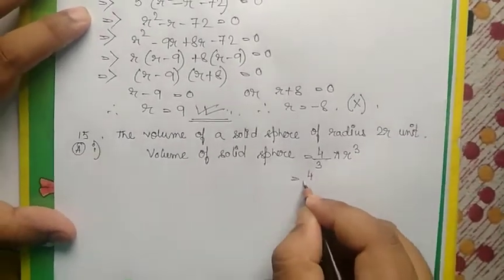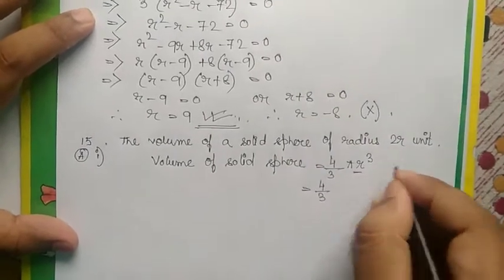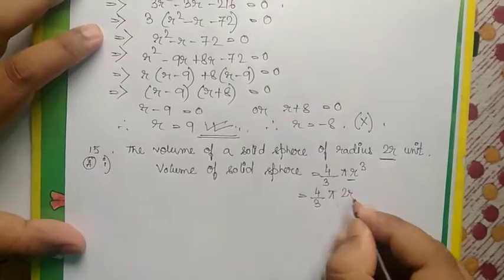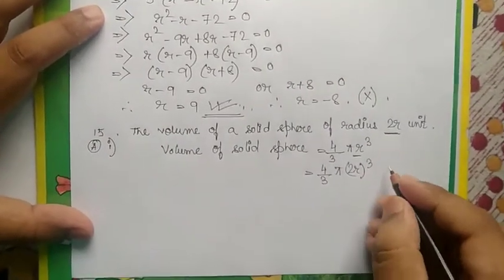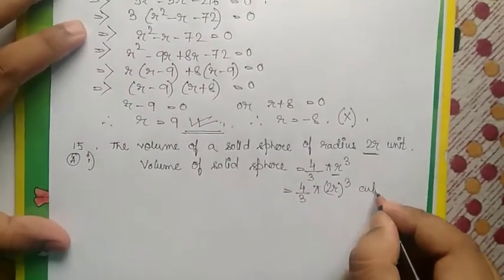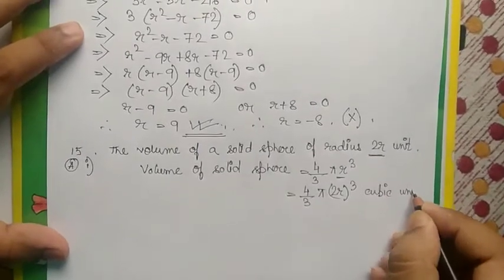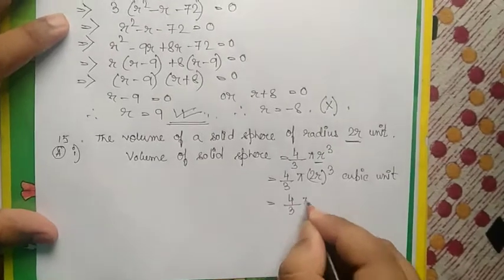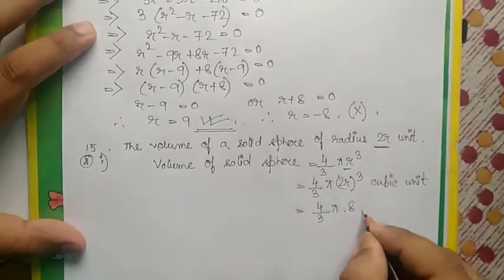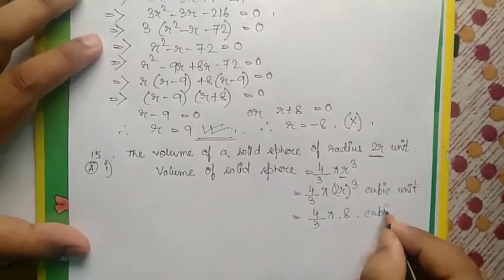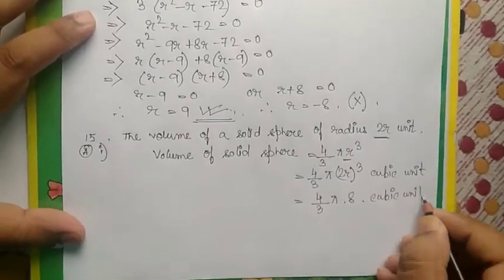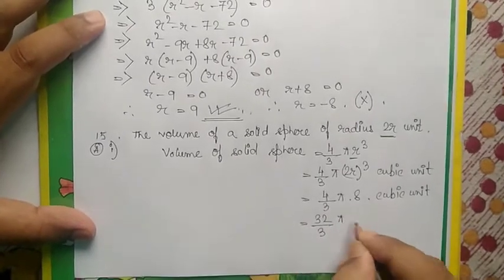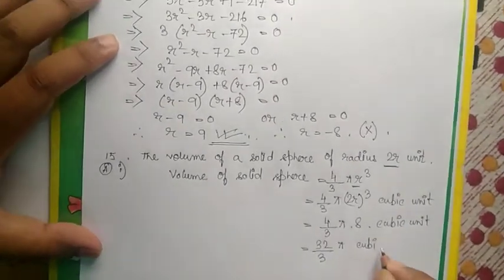Here the radius is 2r unit. So 4 by 3 pi, 2r whole cube cubic unit. 2r whole cube means 8 r cube. So 4 into 8, 32 by 3 pi r cube cubic unit.